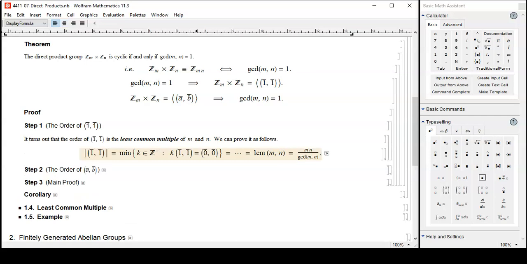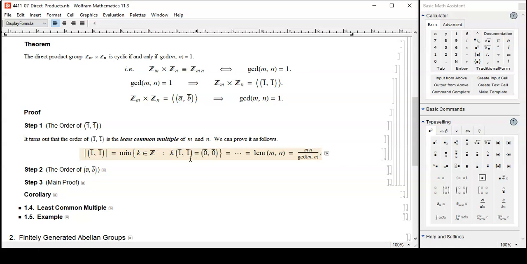That's my claim. The order of this element, or more precisely speaking, the order of the cyclic subgroup generated by (1, 1), is of course the smallest positive integer k such that that element repeated k times under the group operation is the identity.